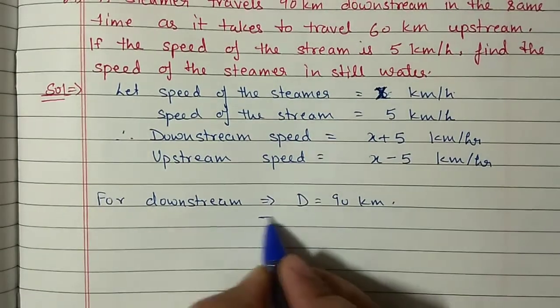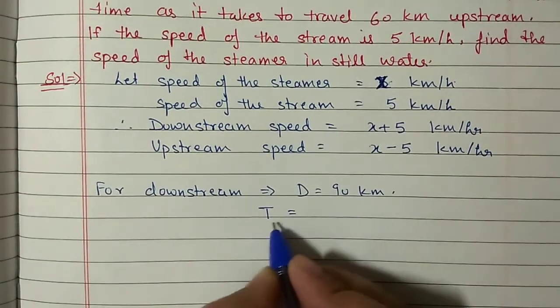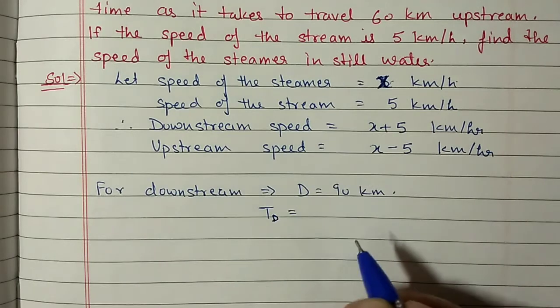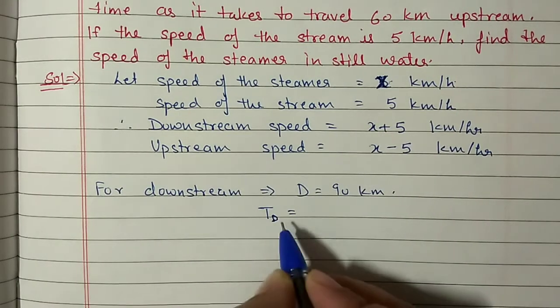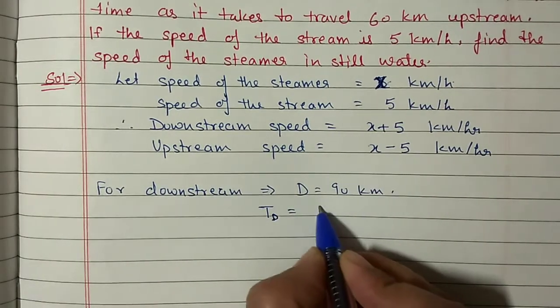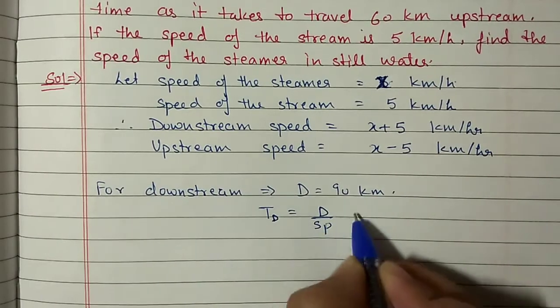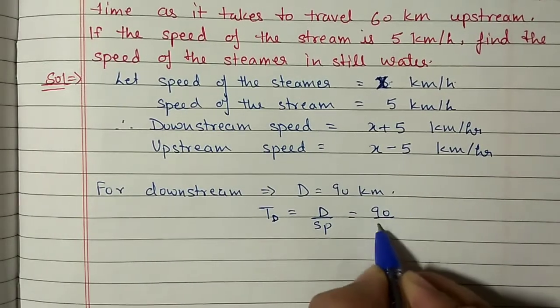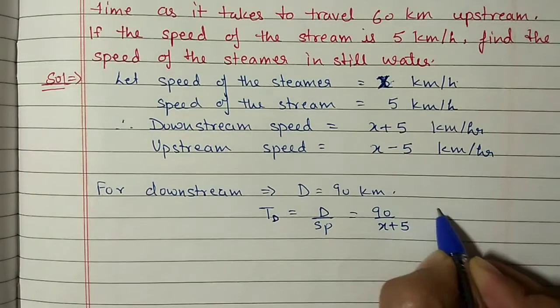So time will be, we can write here downstream time. Time is equal to distance by speed. So distance is 90 and speed is x plus 5 hour.